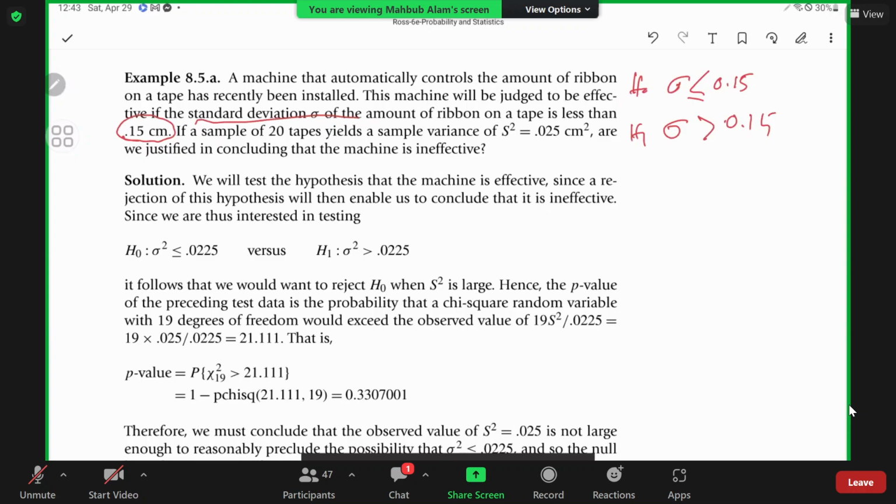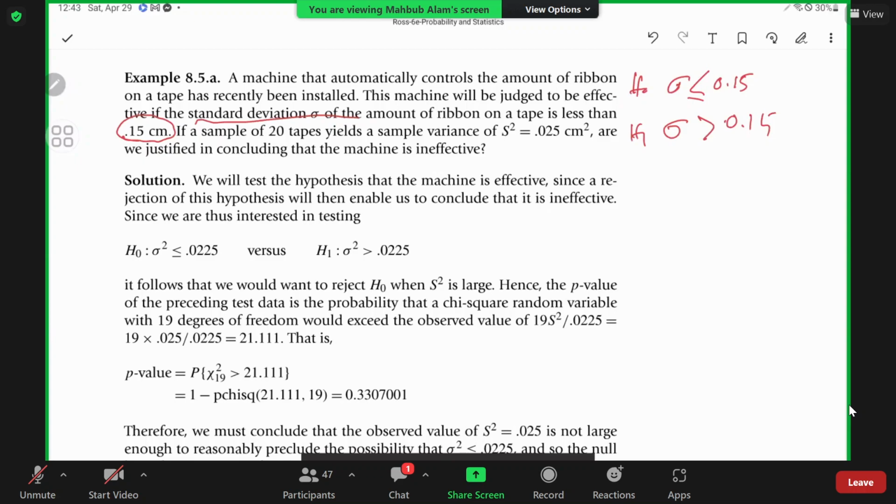And the other will be chi-square 1 minus 0.025, which equals 0.975.